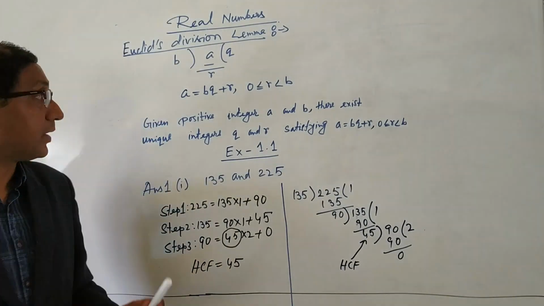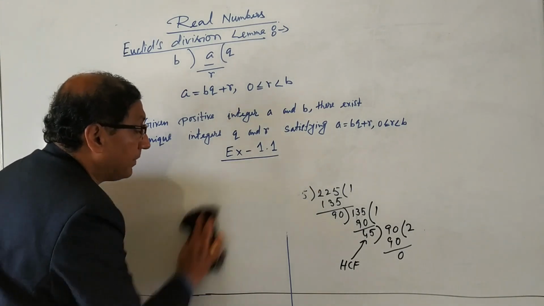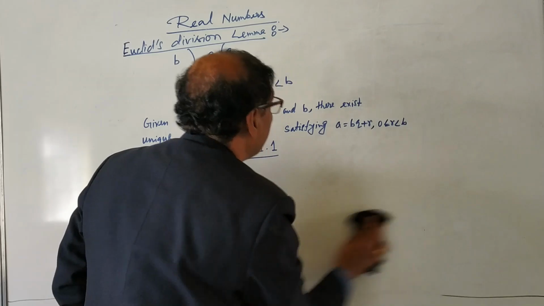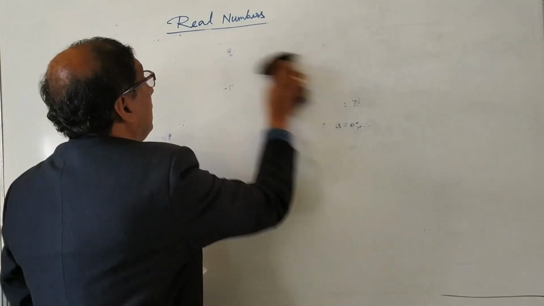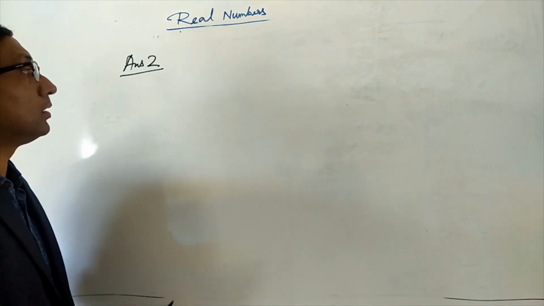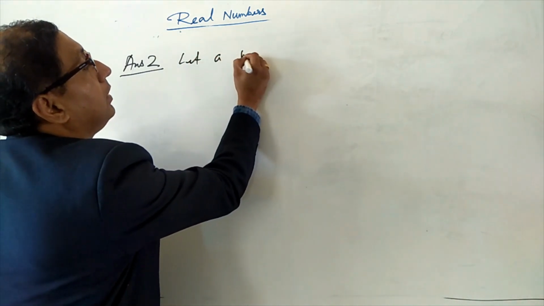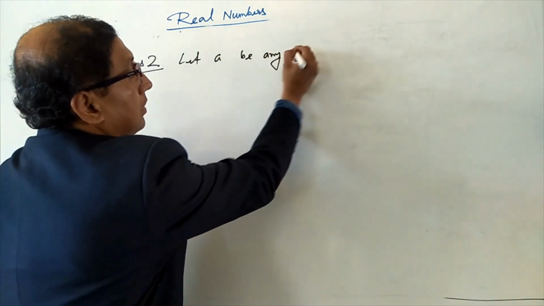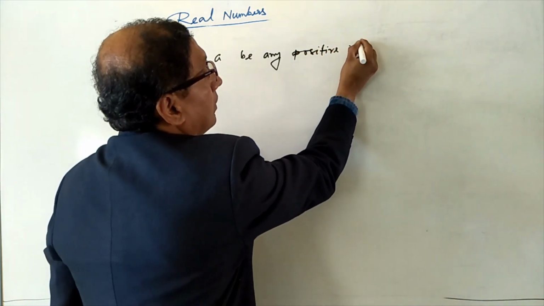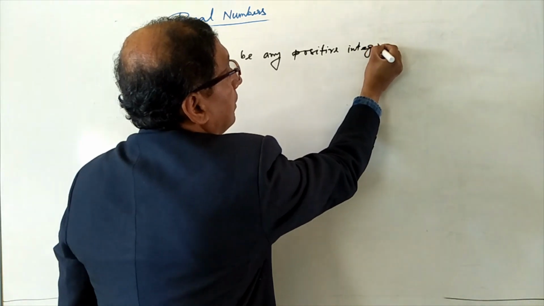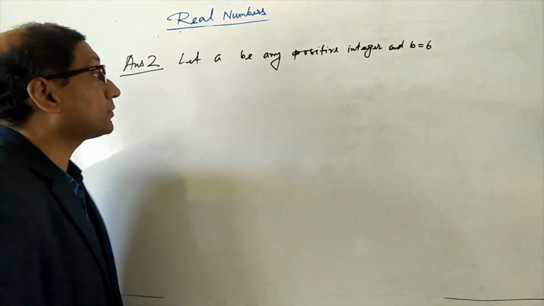That I am showing. So just observe the second question, question number 2. Now the answer. Let a be any positive integer and b equals 6, right?